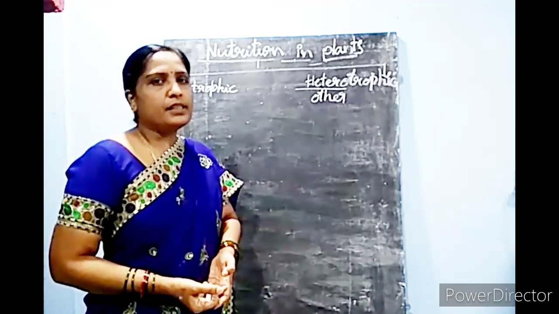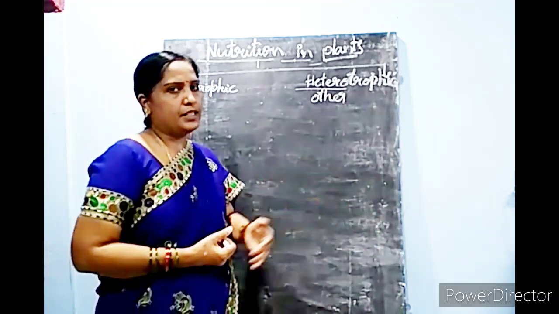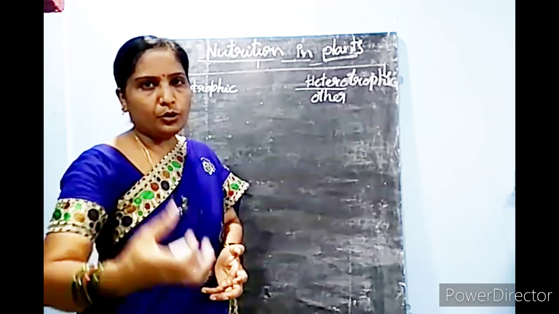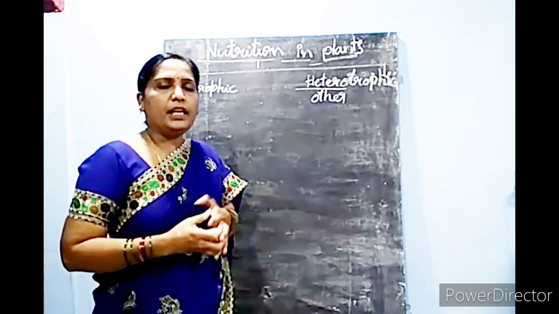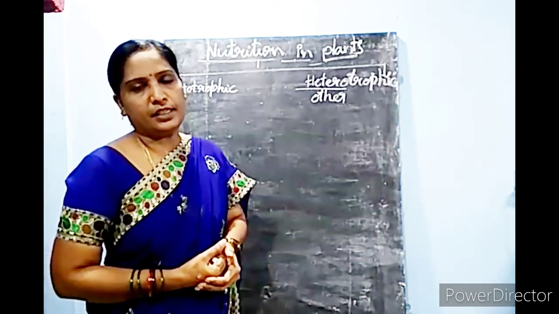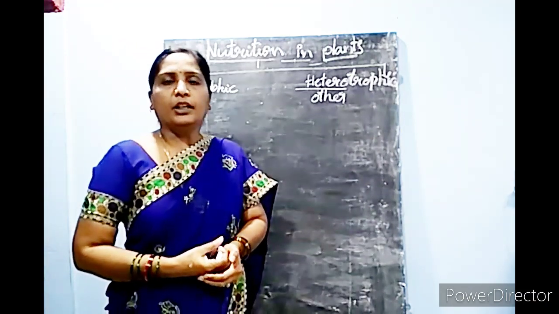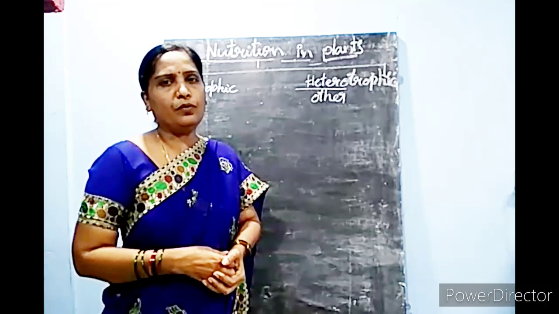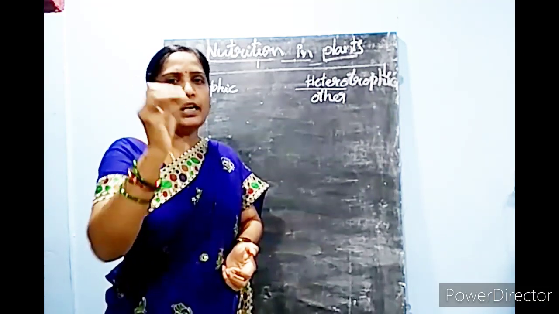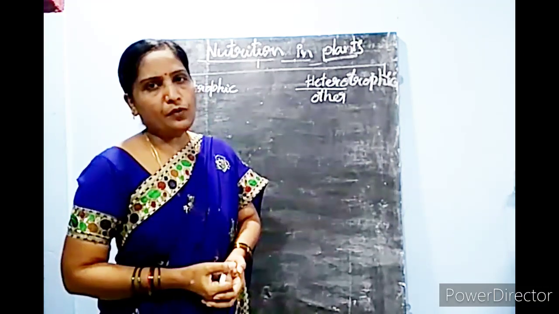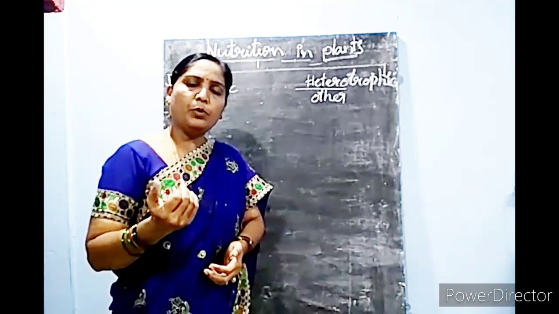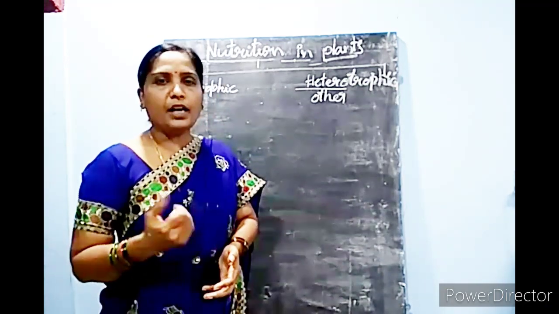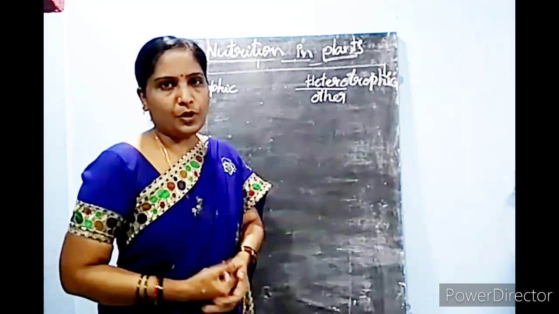Non-green plants, some plants, for example, in our home we grow croton plants, their leaves are of different colors. That means, do they have chlorophyll or not? They have the chlorophyll under that colored part. Hidden chlorophyll is present, so they are able to make their own food. They are doing their photosynthesis process.